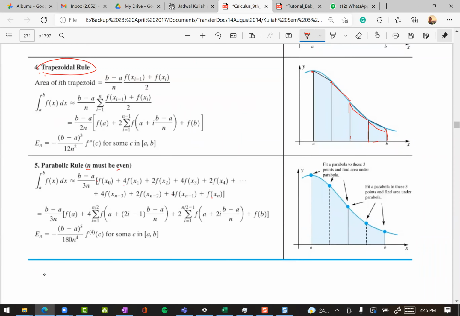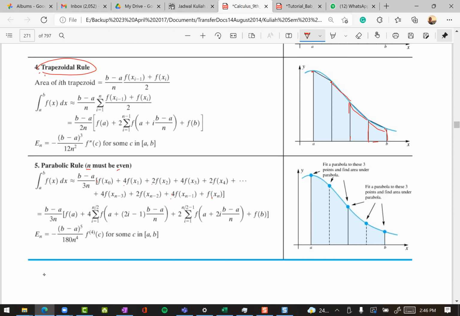So this is why we need the parabolic rule, even though the rule is more complicated than the others, even though it is not difficult. You just have to remember the 1, 4, 2, 4, 2, 4, 2, and then at the end the 4.